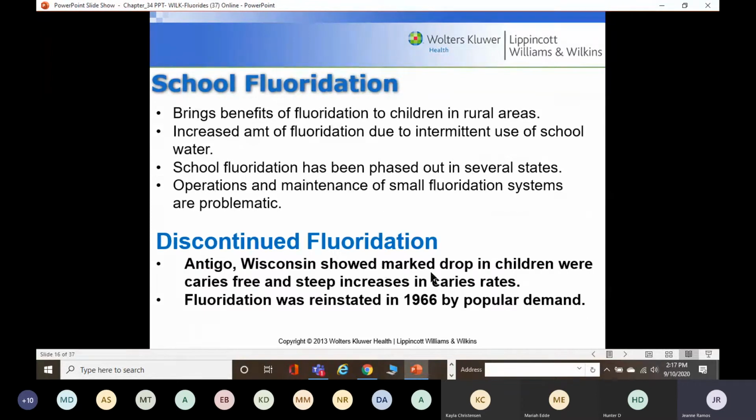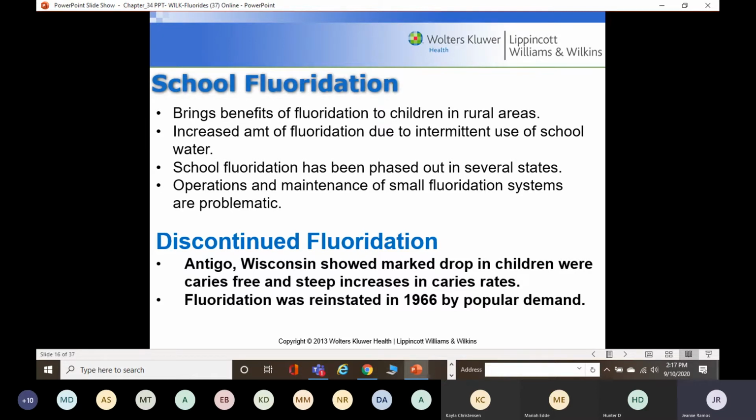Then there's school fluoridation. This brings benefits of fluoridation to children in rural areas. This is the situation where the rural area does not, maybe they drink well water and they do not want it fluoridated. So they notice there being tons of decay in the children. And so they voted to bring at least fluoride into the school water.